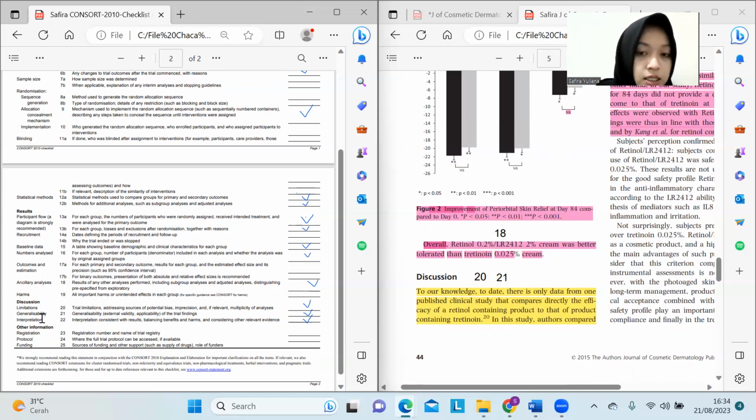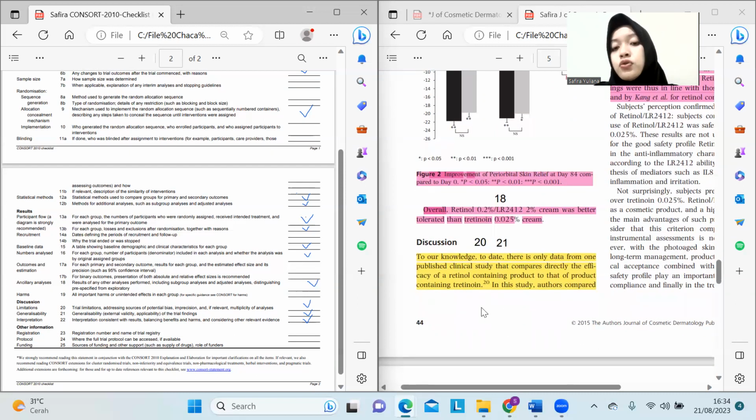And the discussion is about generalizability, external validity, and applicability of the trial findings. To our knowledge, to date there is only data from one published clinical study that directly compares the efficacy of a retinol-containing product to that of a product containing tretinoin.